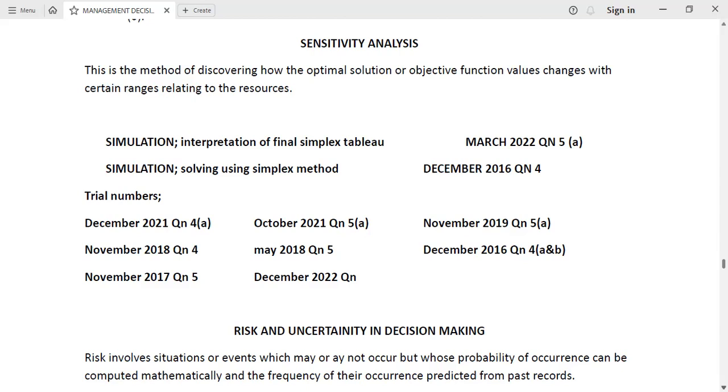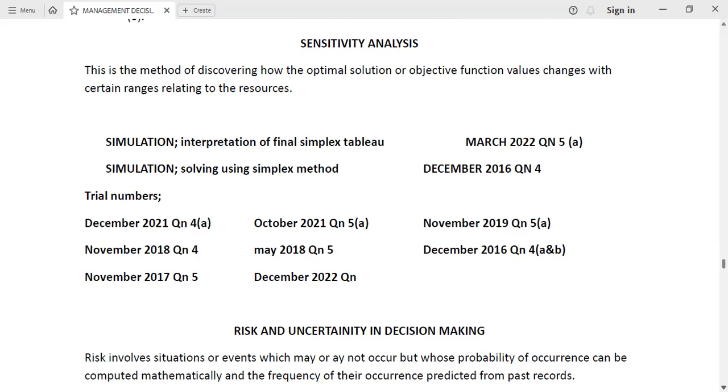But my approach is that we are going to first of all look at how to solve using the simplex method before we interpret, because we can only interpret something once we have understood it. So we first look at how we can compute using the simplex method, then we know how to interpret the final simplex table.